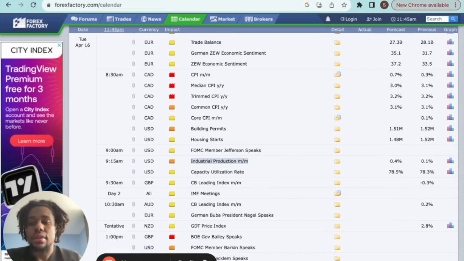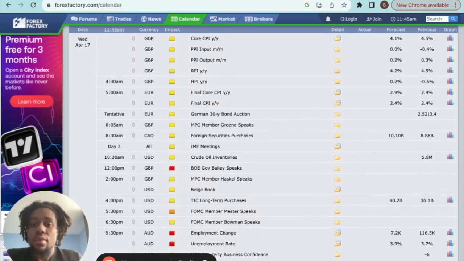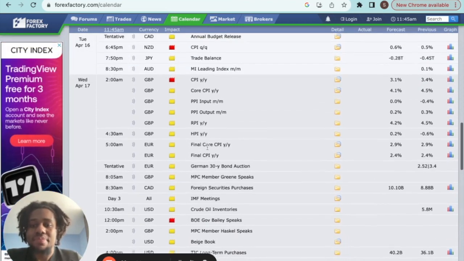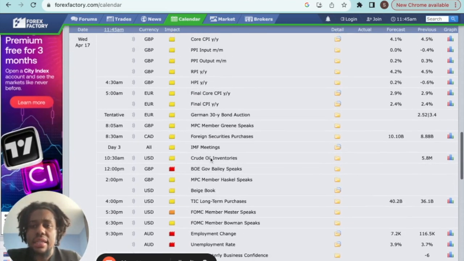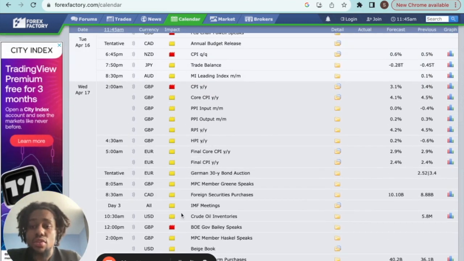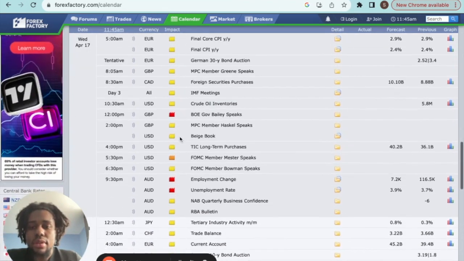So Tuesday was looking like a decent trading day as well. Wednesday was something that I looked at and I was like, I'm not really a fan of trading on Wednesday, just due to the fact that there is no New York news, and also I wouldn't necessarily trade with this high impact news of the pound.